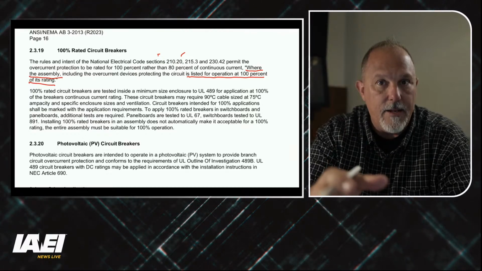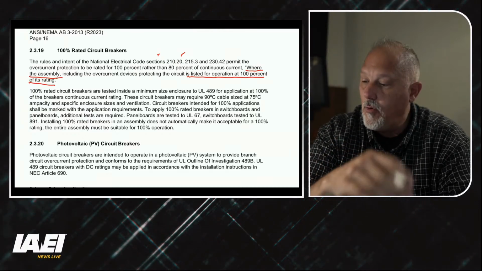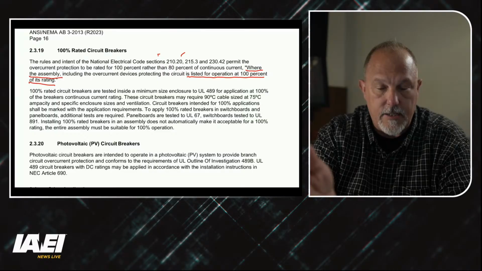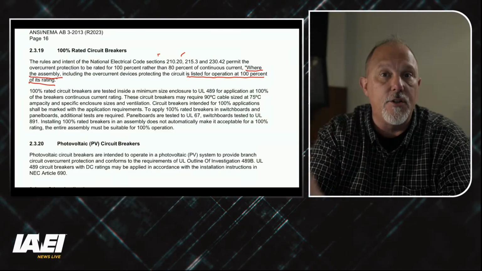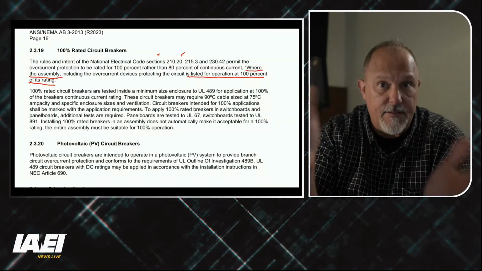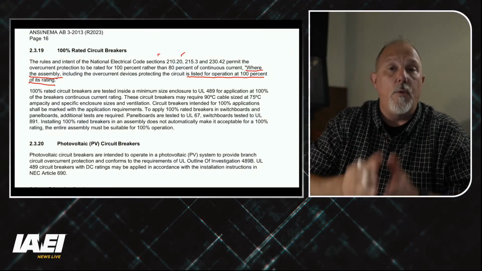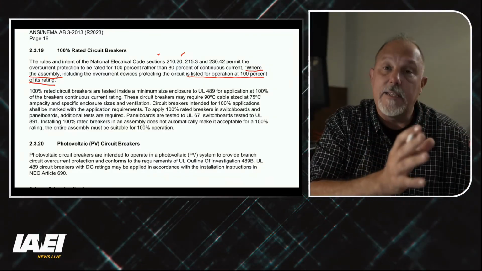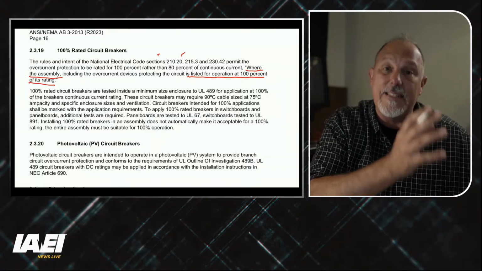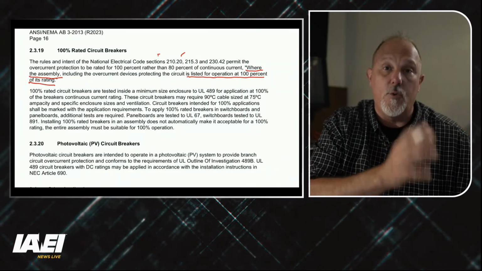That's why, when you think about a circuit breaker, the 75 degree C column, we look at say it's a 75 degree C or a 60 degree C piece of equipment.